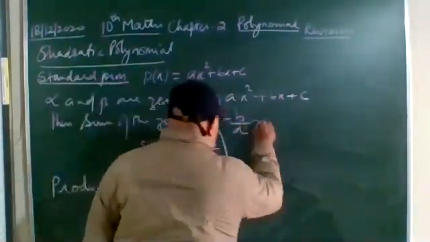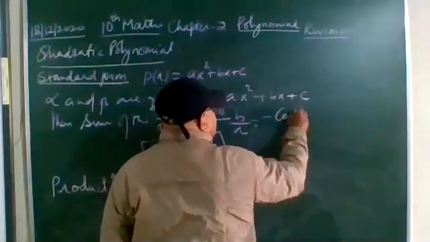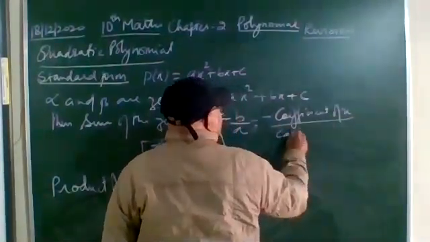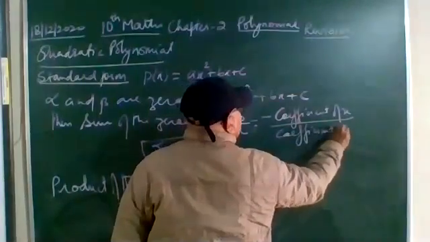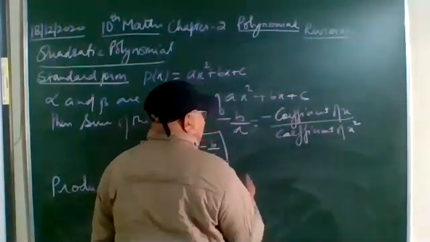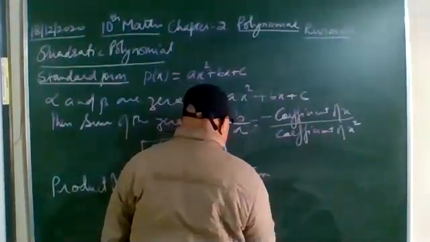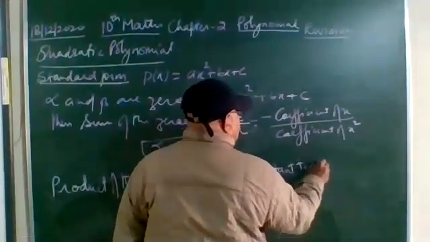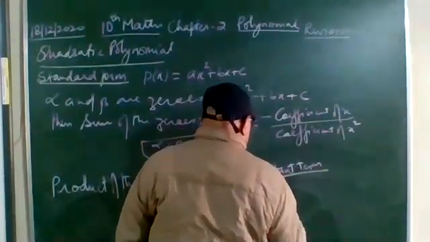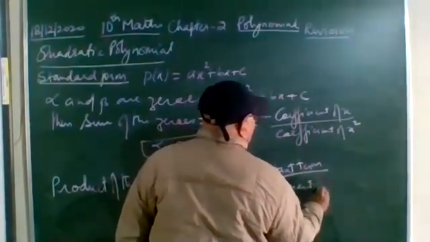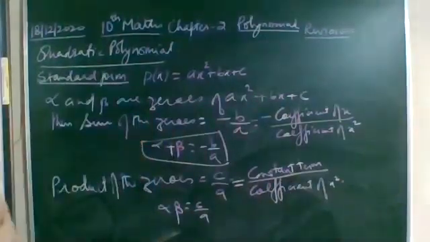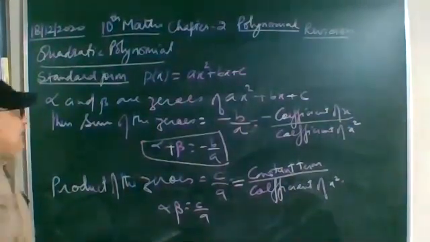That is, minus coefficient of x upon coefficient of x square, and constant term upon coefficient of x square. This is one more thing you must know. A variety of questions are on this topic.